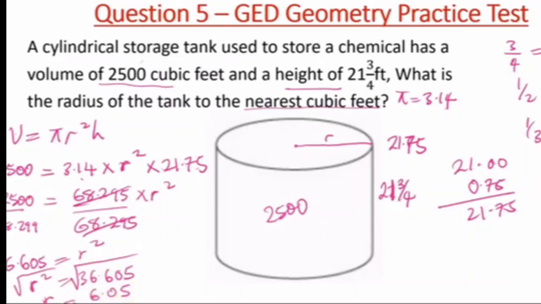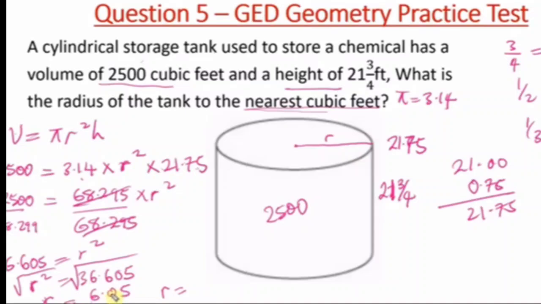6.05. Okay, so we're asked the radius of the tank to the nearest foot. The nearest foot is a whole number. You look after the decimal point and check the next number. Is this number up to 5?